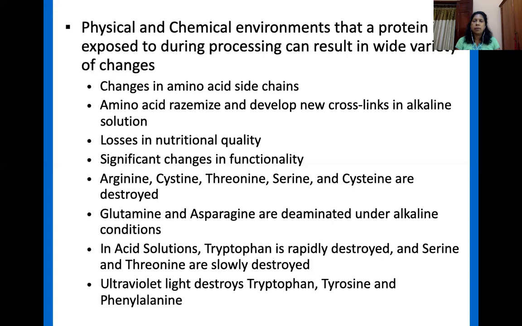The question is about arginine, cysteine, threonine, serine, and cysteine: go through the structure of these amino acids and see why these five amino acids are susceptible to physical and chemical changes, and why they are quickly damaged by environmental changes.